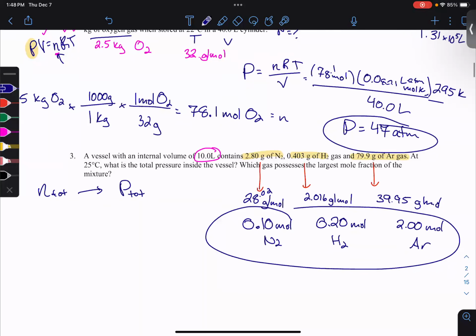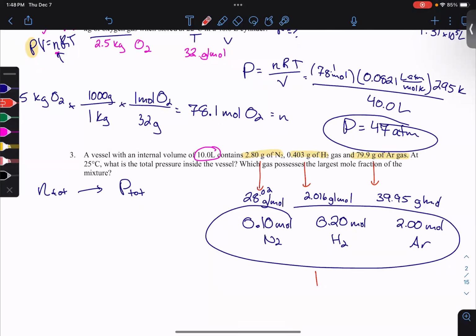And so if I wanted to get partial pressures of everything, I would use PV = nRT for each of these things. Each of these gases contributes a partial pressure, and we could calculate every single one. But for this question, I just want total pressure, so I want to use the total amount of moles that are present.